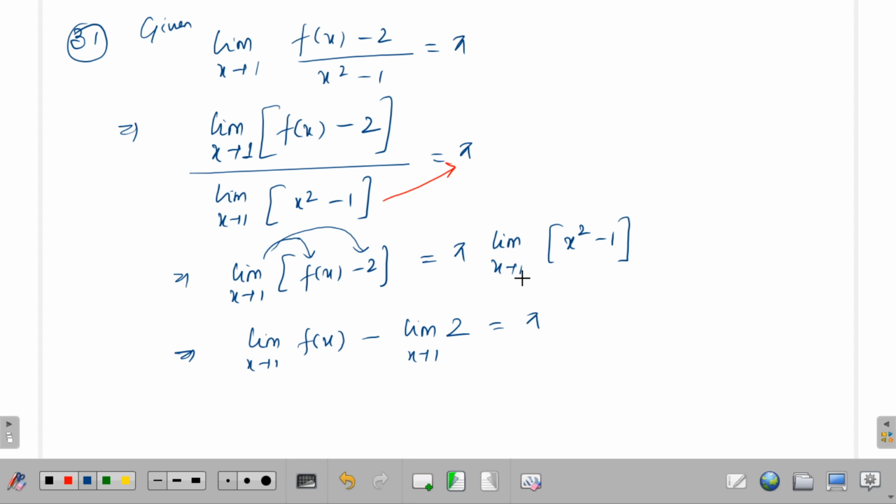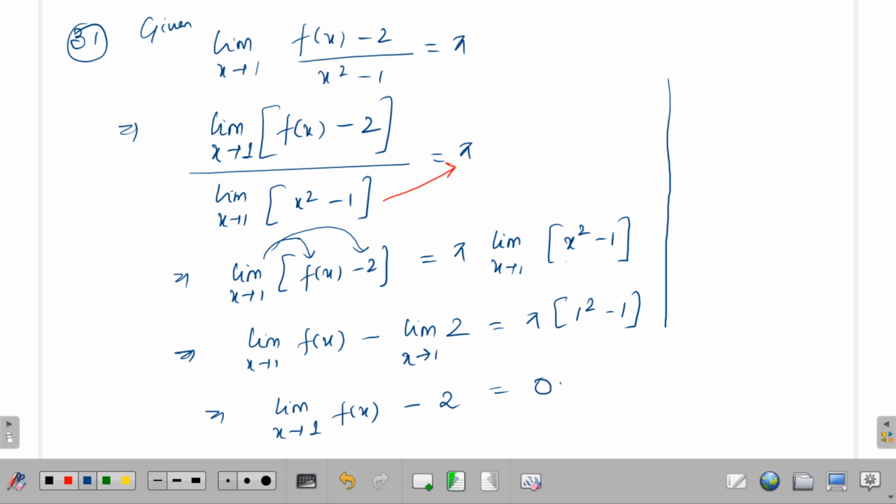The value for x happens to be 1, so if I put the value for x to be 1, I'll get 1 squared minus 1. As I said, there is no x over here, so that'll be nothing more than 2. That's x tends to 1, and 1 minus 1 is 0, so the answer will be 0.